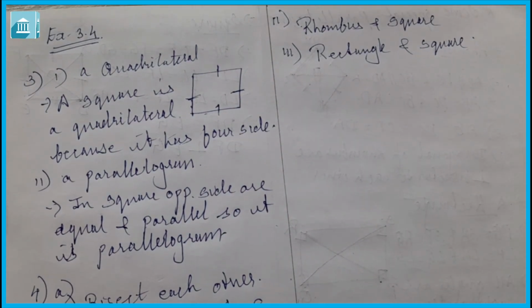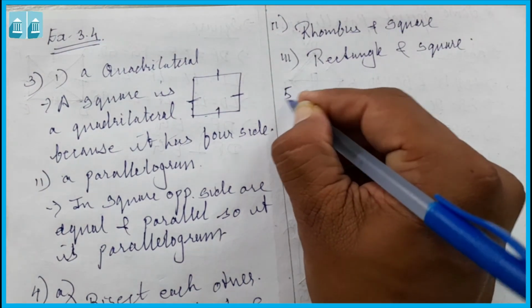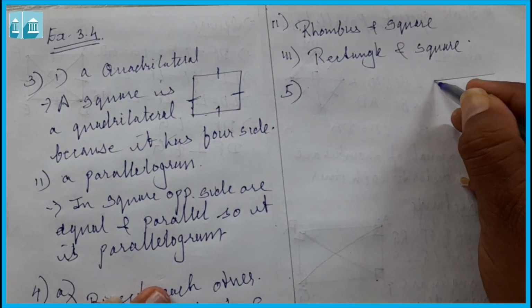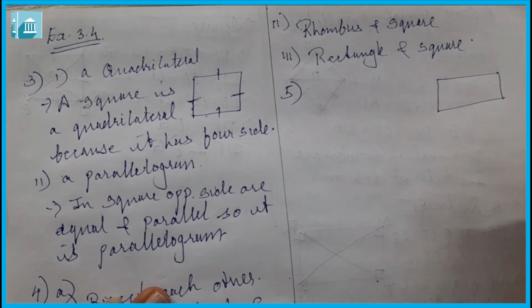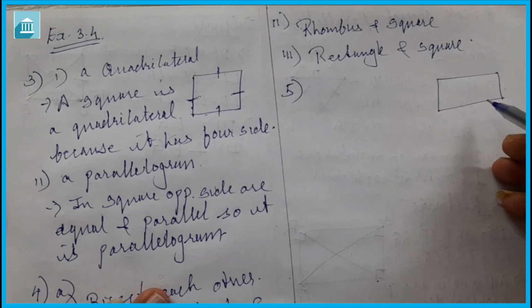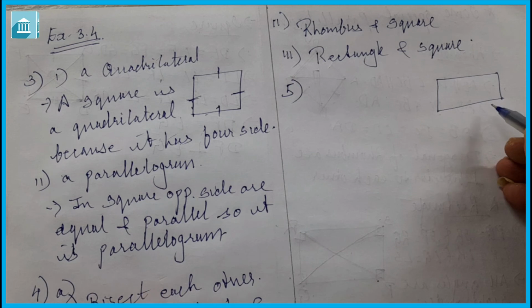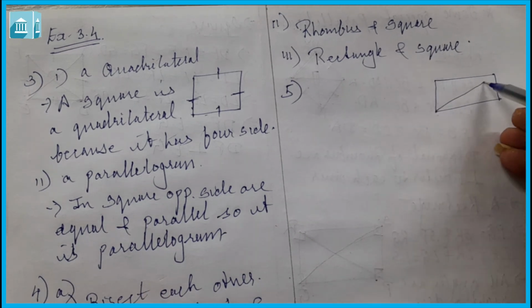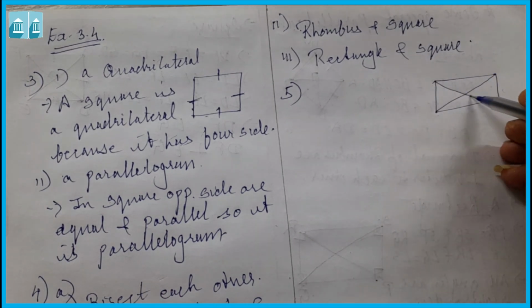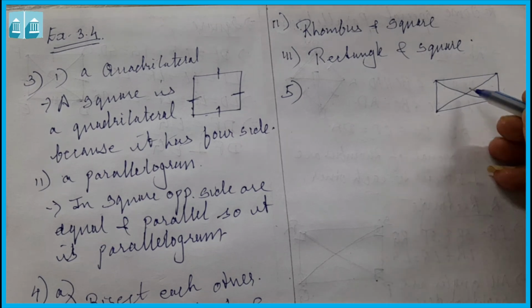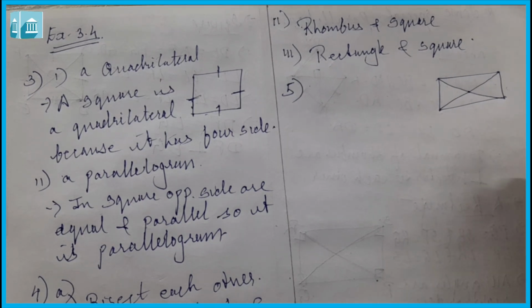Now question number 5 is explain why a rectangle is a convex quadrilateral. Question 5 is we need to explain why rectangle is a convex quadrilateral. So when we were learning quadrilaterals, we had learned that when the diagonals intersect each other in the interior part, they are known as convex quadrilaterals.